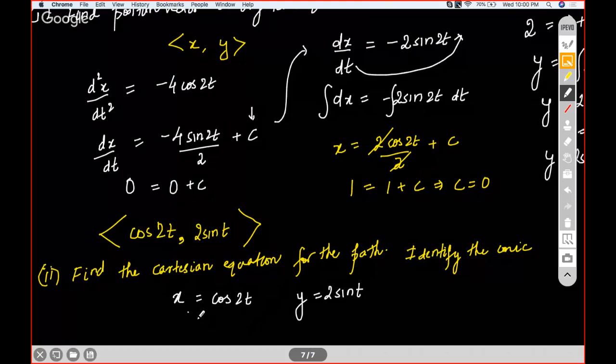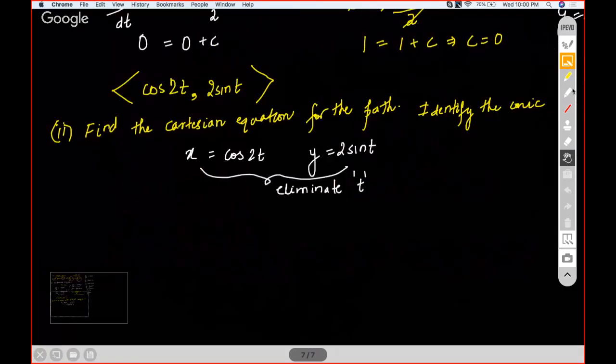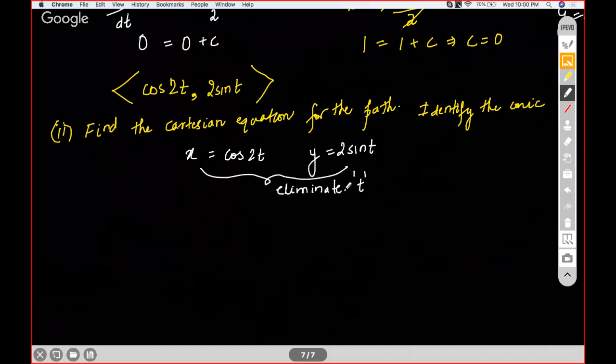So from these two equations, you have to eliminate t. One is 2t, one is t.